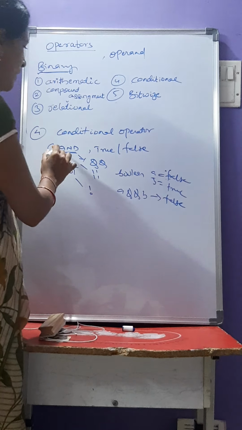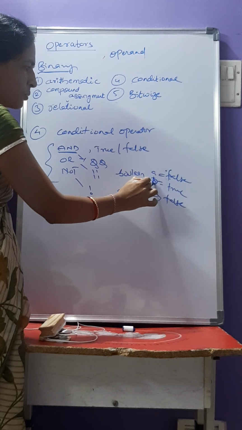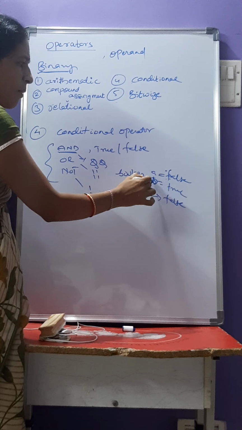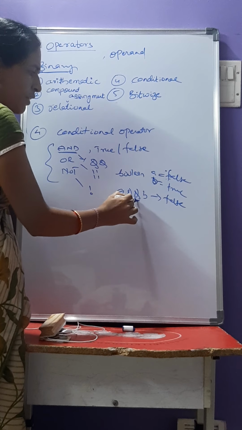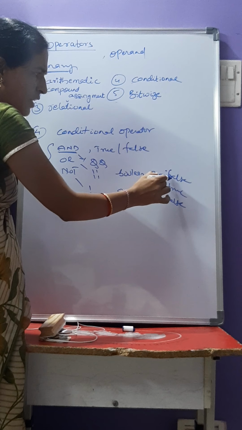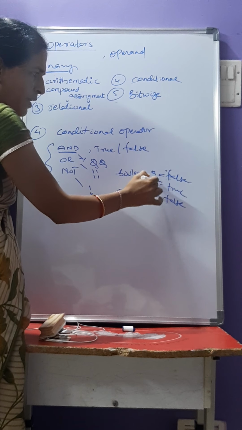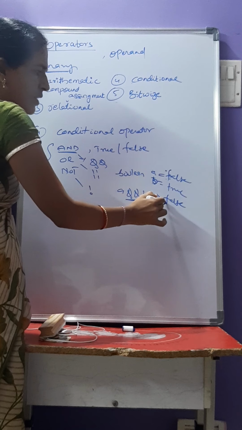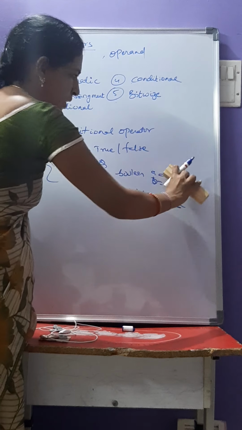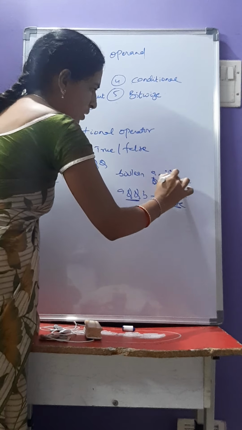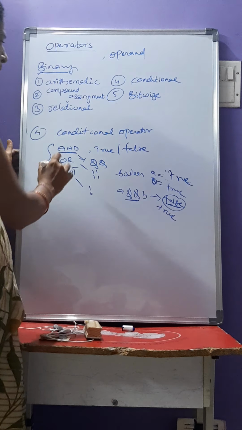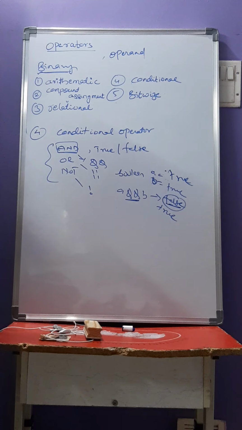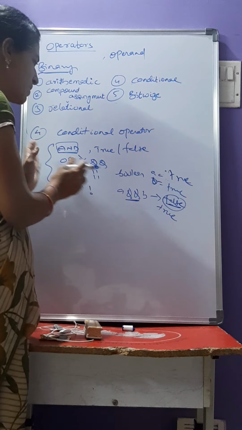That means only if both operands, A and B, are true, the result of this AND operator is true. Otherwise, if any one of the two operand values is false, the result is false. Suppose here both are true, now it gives true.